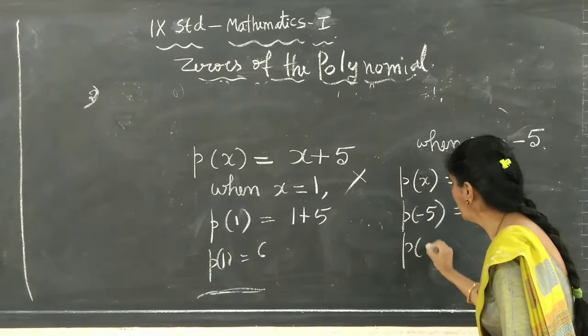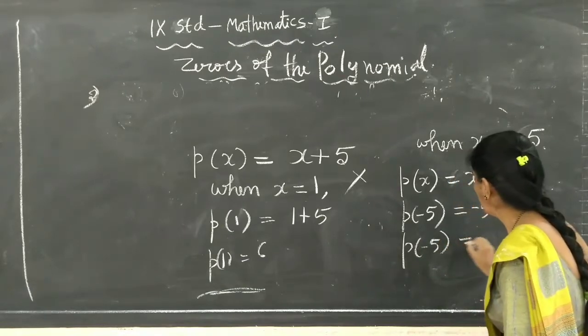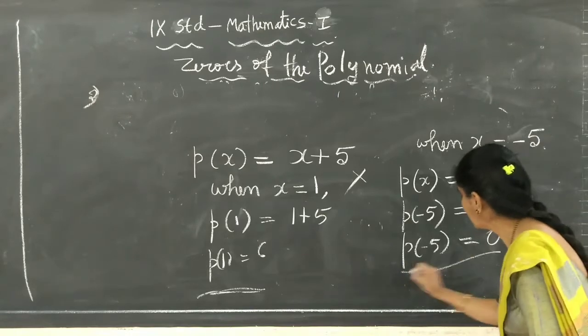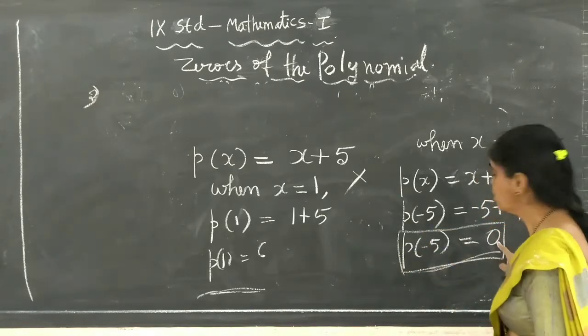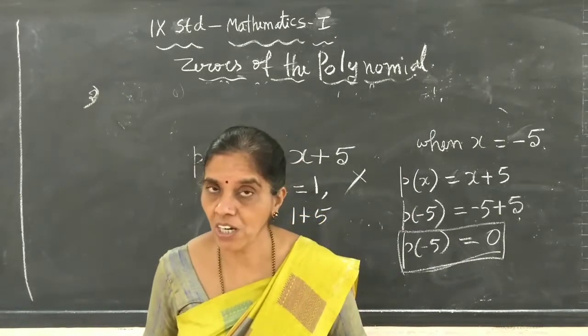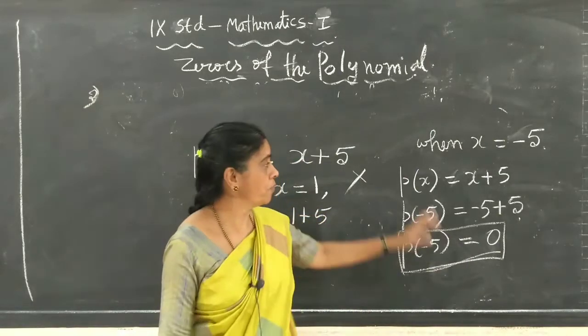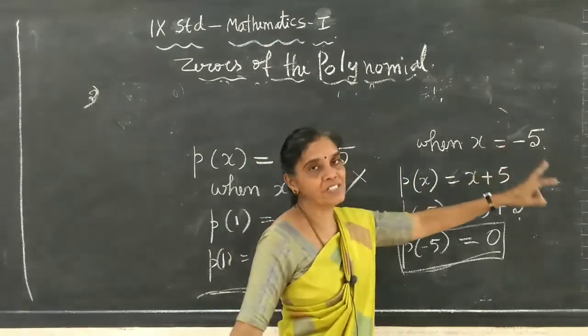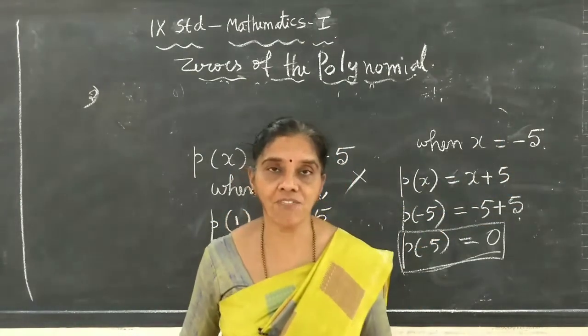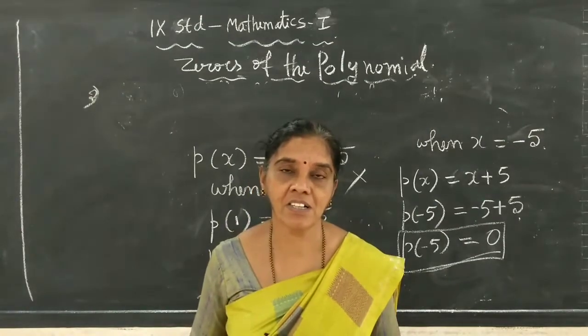So the value of the polynomial, plus 5 minus 5, is 0. So what is the answer I got here? 0. When the polynomial value becomes 0, it is called a zero of the polynomial. So when x is equal to minus 5, the polynomial becomes 0, so it is called a zero of the polynomial. Understood, children?